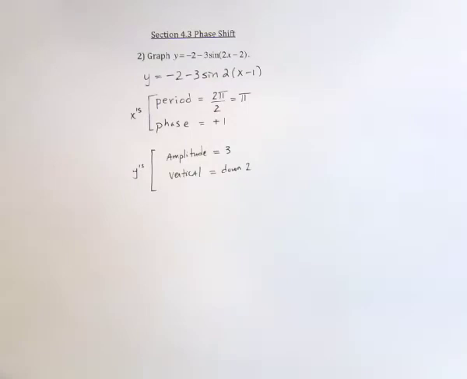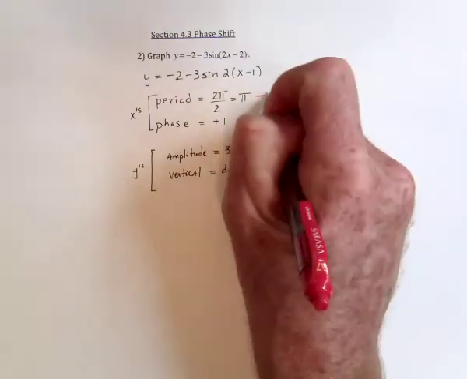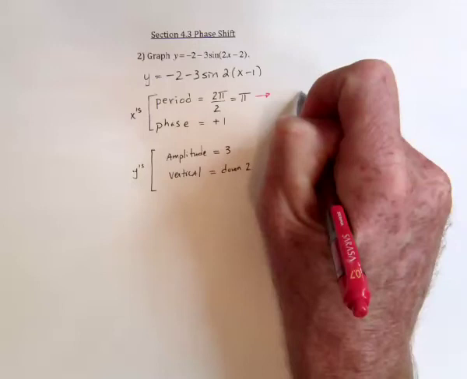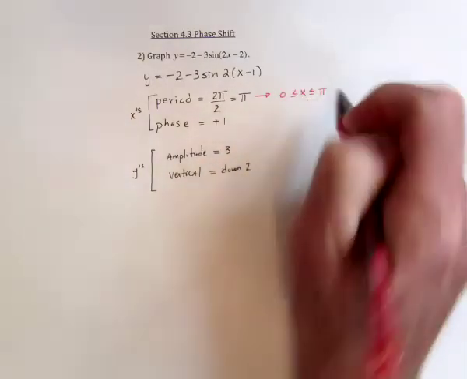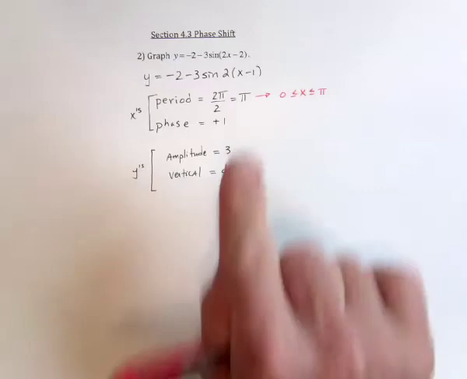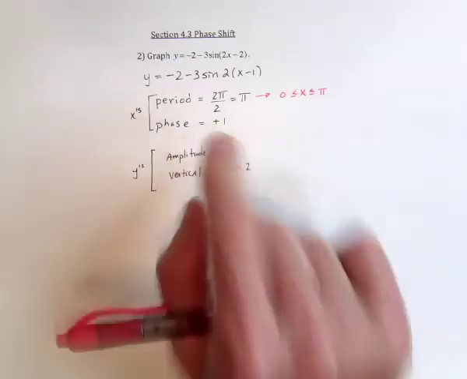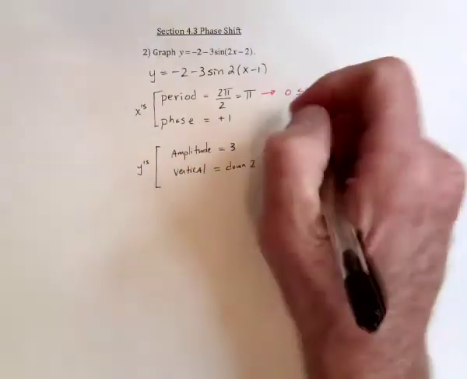And so this would say originally that x is going to range between 0 and pi, but then this says add 1. So then we need to add 1.